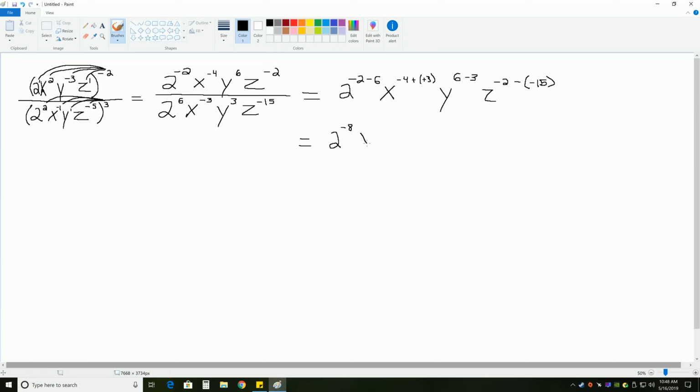So we get x to the negative 4 plus 3 is negative 1. From there, we have y to the 6 minus 3 is just y to the third. And again, we have negative 2 minus negative 15 is the same thing as negative 2 plus positive 15, which gives us z to the positive 13.